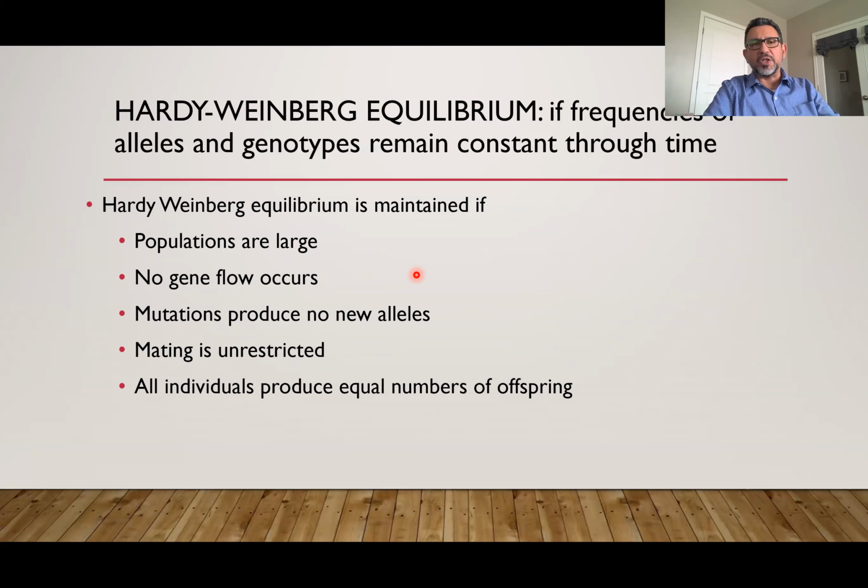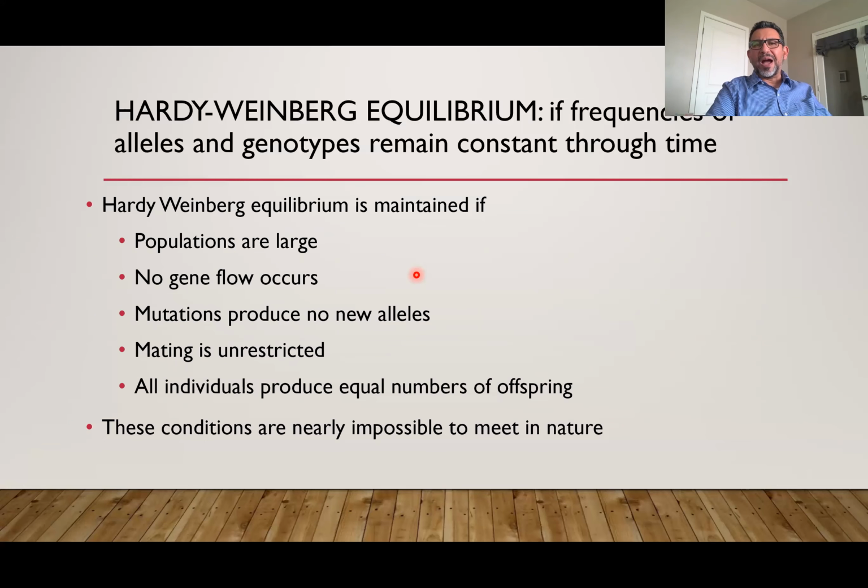If you're looking at a population of animals, let's say that every member of that population is going to produce 5 offspring, and the next one produces 5 offspring, and every member is producing exactly 5 offspring, no more, no less. And now you can begin to think, well, what population can meet all of those 5 conditions?